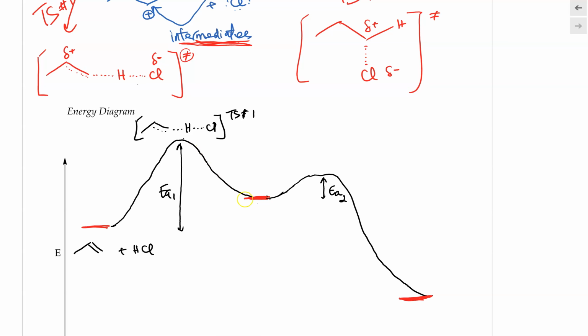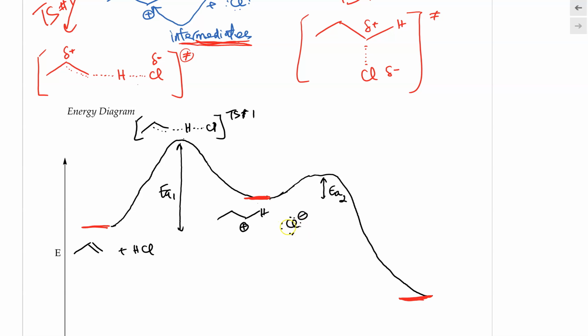Now, once the bond has broken and formed, we'll be producing the intermediate. The structure of the intermediate, as we have seen previously, is when we have a carbocation right here and the chloride.